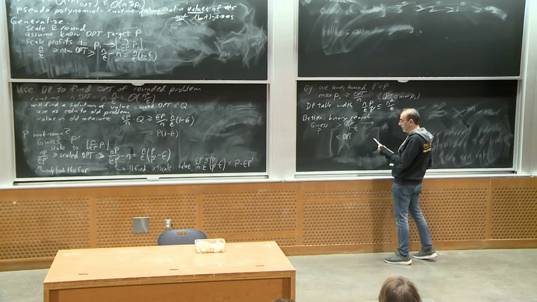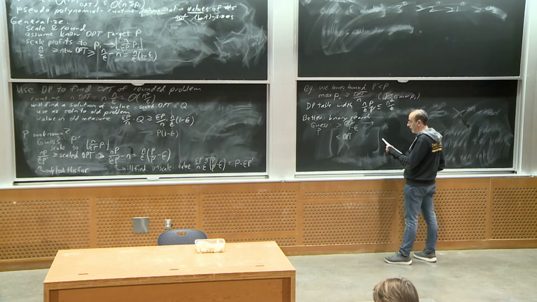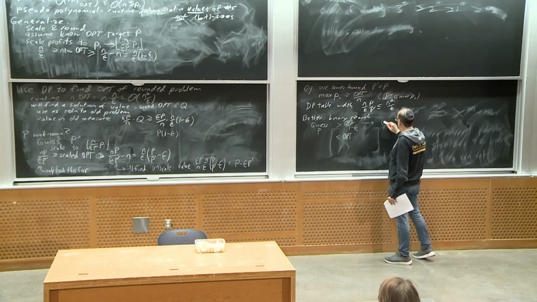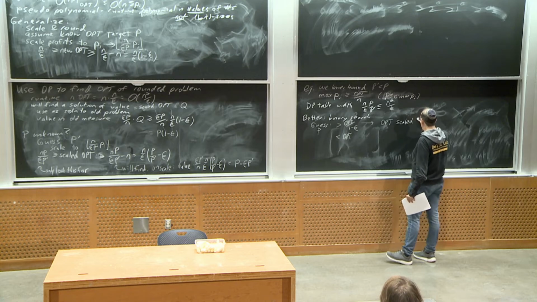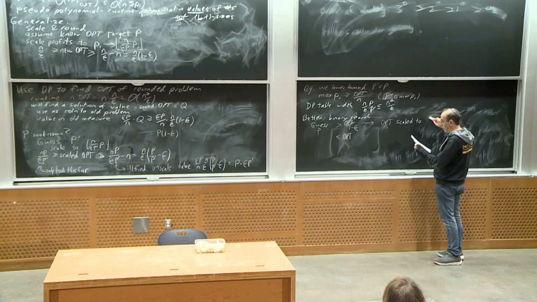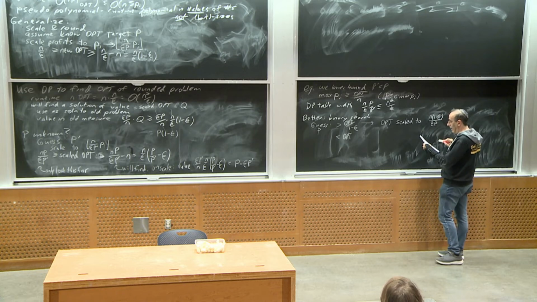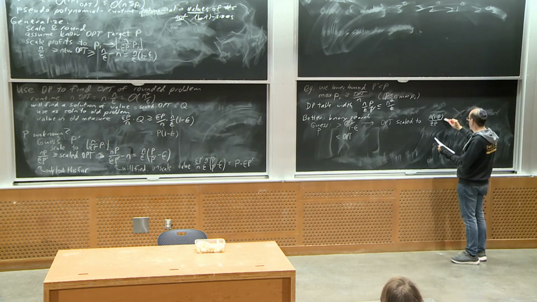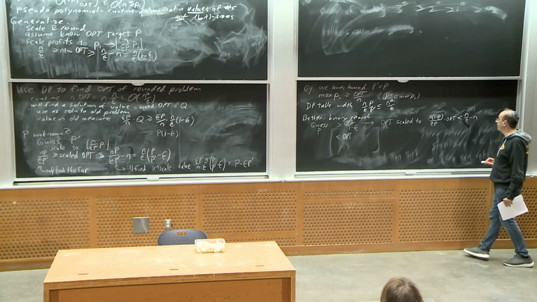So if our guess is bigger than opt over 1 minus epsilon, then the optimum value is scaled to n times 1 minus epsilon over epsilon p times opt, which is strictly less than n over epsilon minus n.